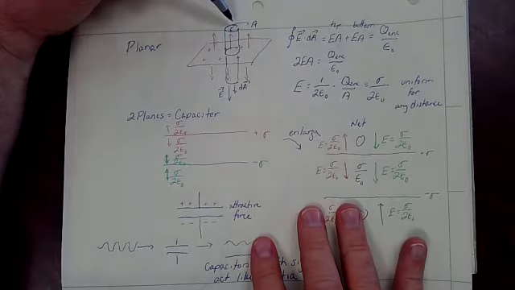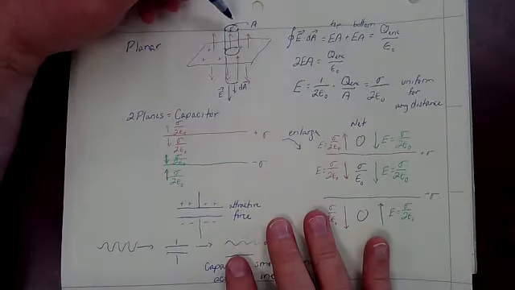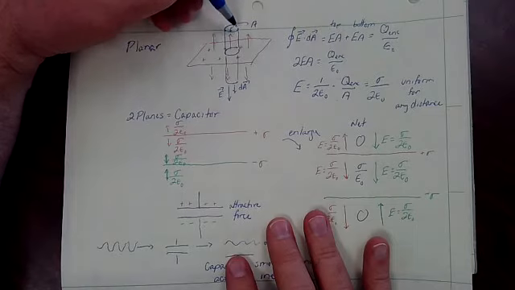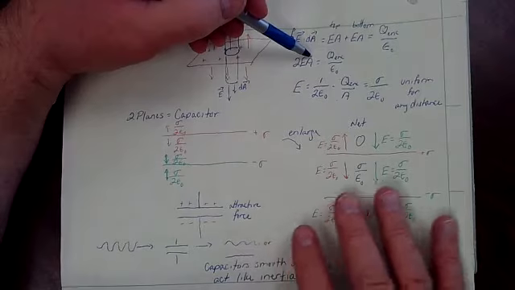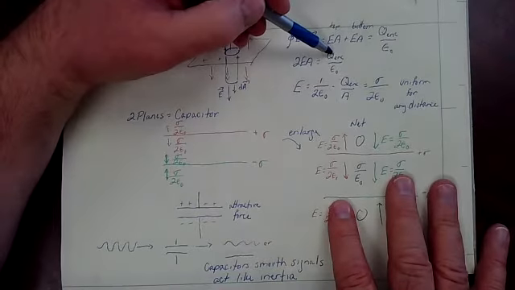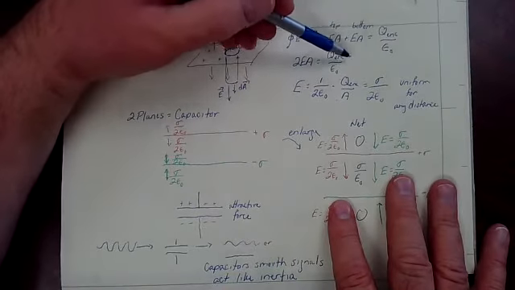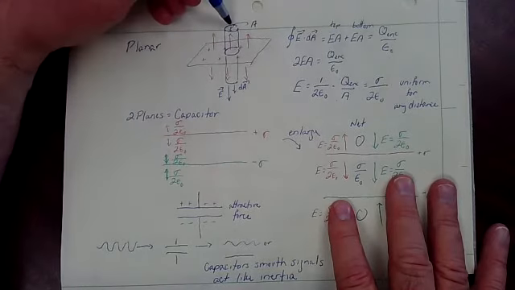Could have been a square, could have been a starfish, could have been a Christmas tree cookie cutter. It doesn't really matter, because when we cut it out, we still have an A. And then on the other side, the charge that we have is just the surface charge density times the area, so the areas cancel out. So it didn't matter what the shape was, really.